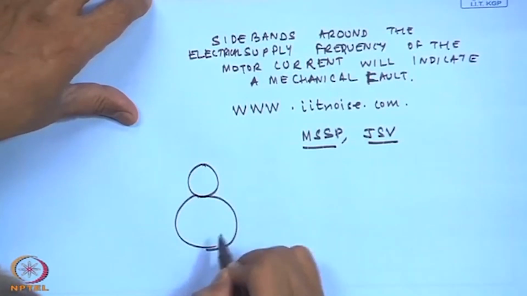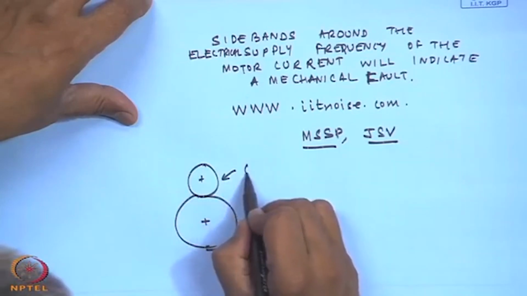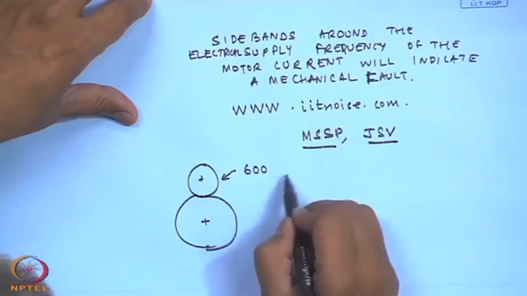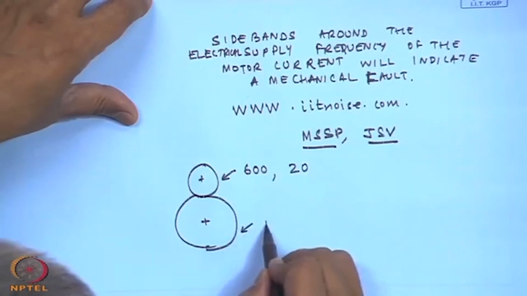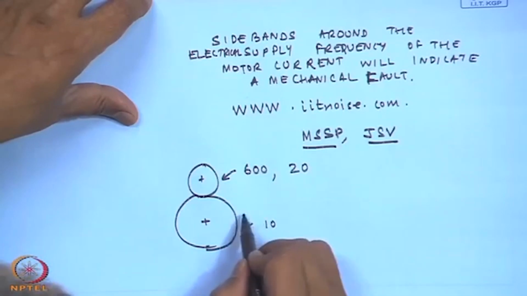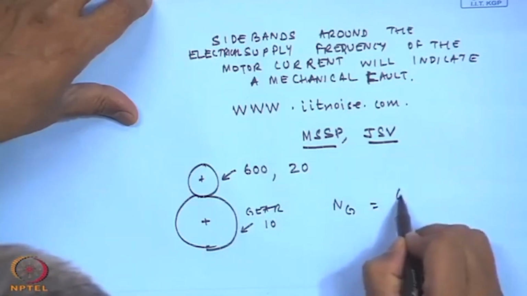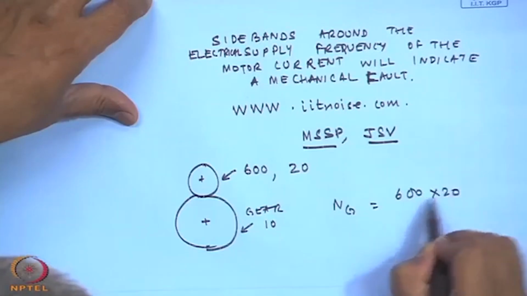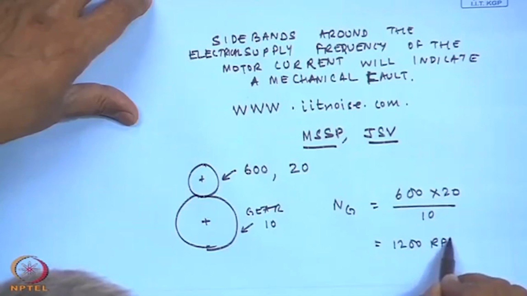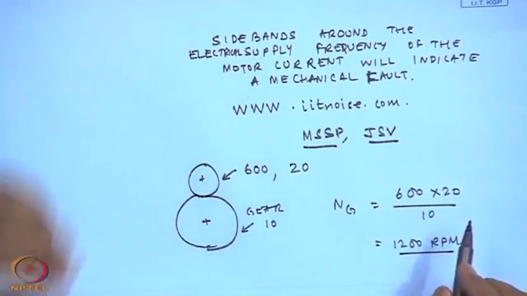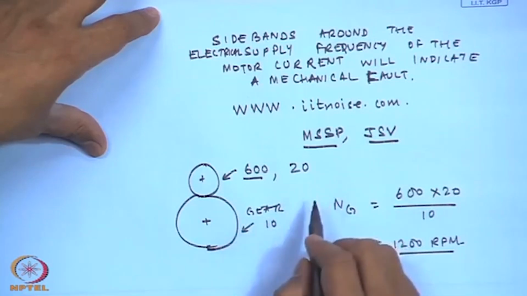Just for the sake of discussion, suppose this is running at 600 RPM and this has 20 teeth and this has maybe 10 teeth. The speed at which the gear, N gear, is nothing but 600 times 20 by 10, which is about 1200 RPM. Okay. So, one rotates at 600 RPM, the other rotates at 1200 RPM, and the inverse would be the time period.